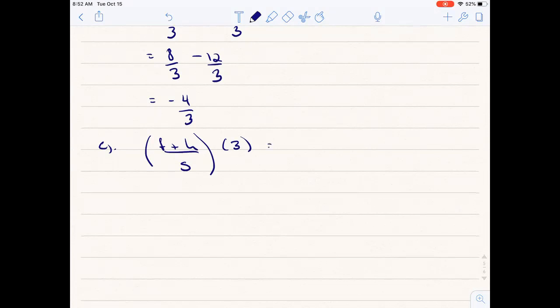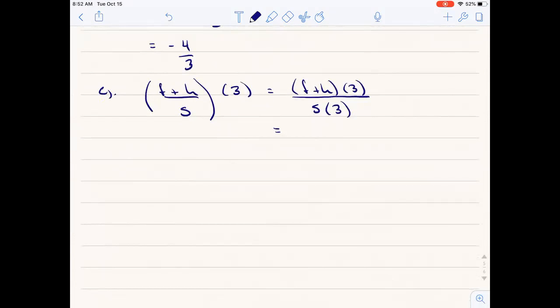And so I get F plus H of 3. The rule says that I can just split up these functions in the numerator and the denominator over S of 3. And then I can rewrite F plus H of 3 as F of 3 plus H of 3, and then over S of 3.